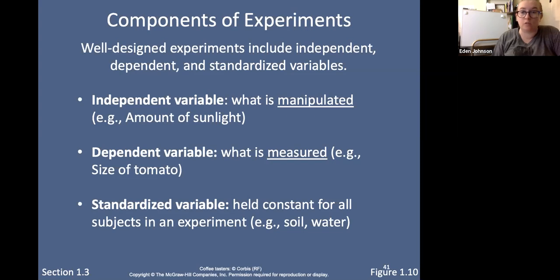It just wouldn't grow, but like a shaded plant, okay? Your control group is just another group where you're measuring something, right? But your standardized variables are going to be the same regardless of whether you're in the control group or in the experimental group, okay?